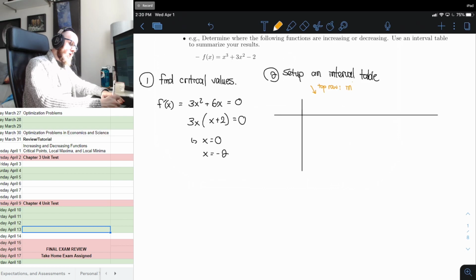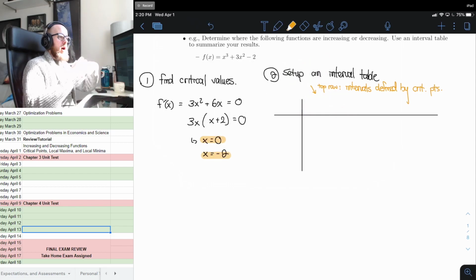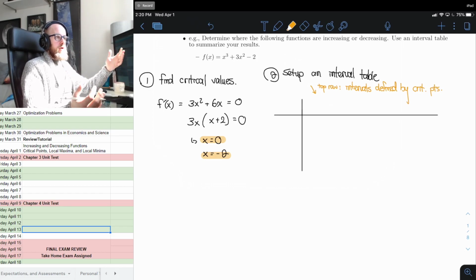Okay, so intervals defined by critical points. So my two critical points are x is equal to -2 and x is equal to 0. So I want to define my intervals based on those two points, right?